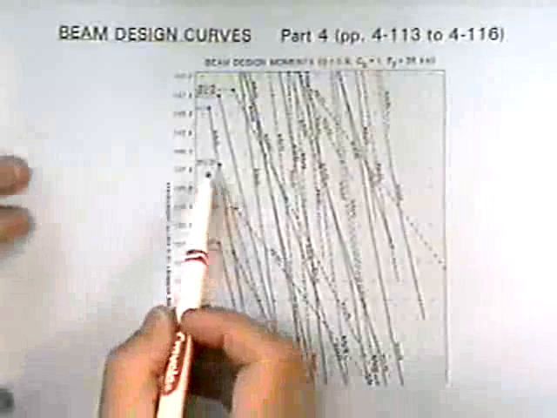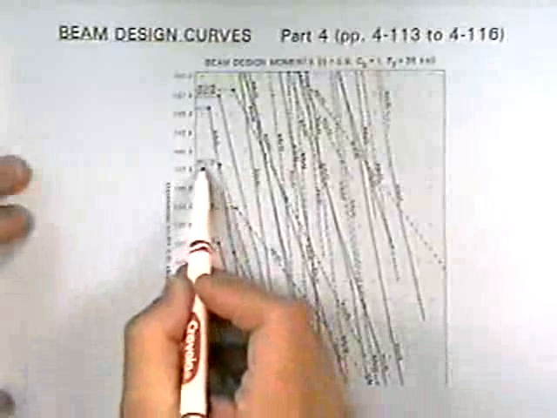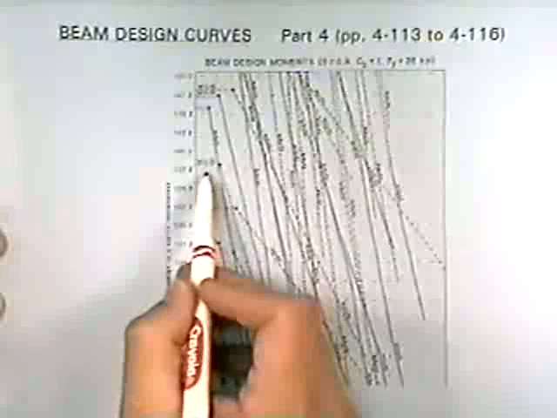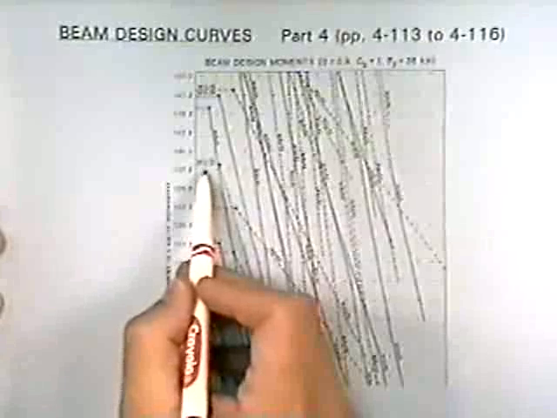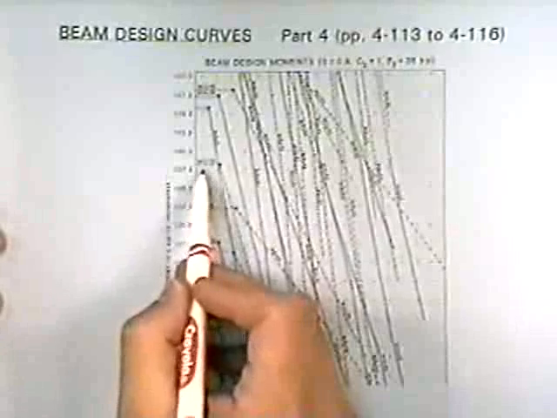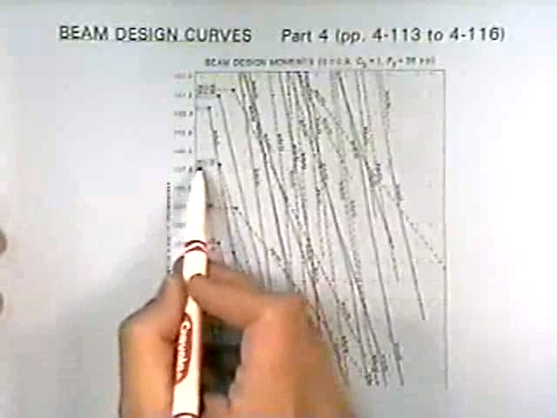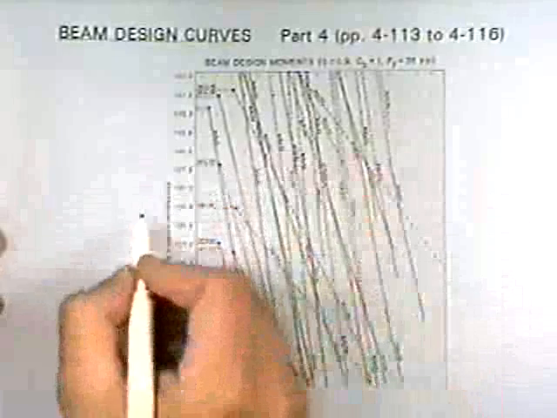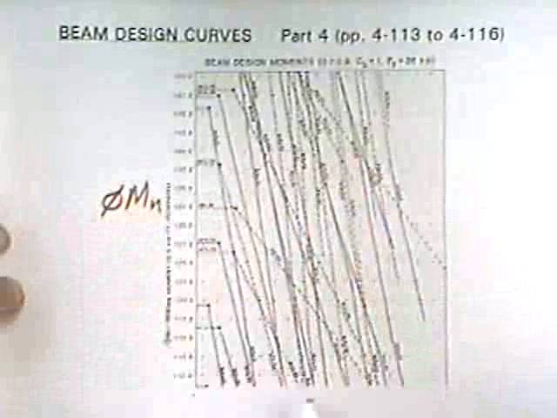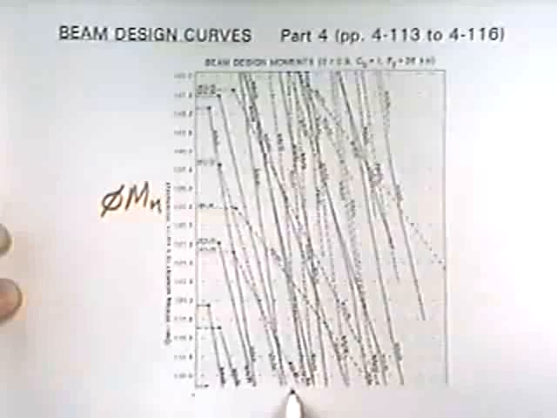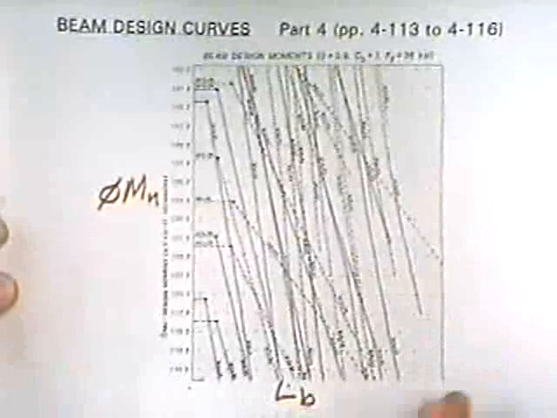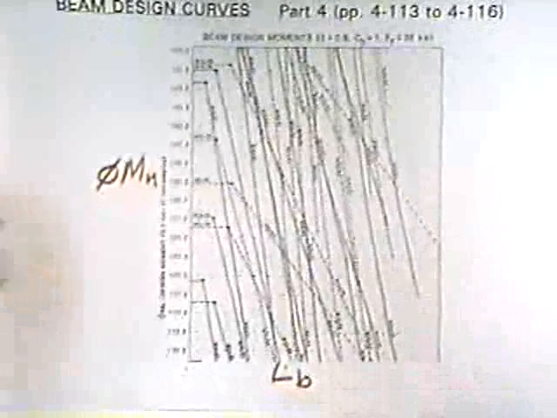For each section, say here it's a W12 by 35, they're going through those design equations and plugging in successive values of L sub B, the unbraced length, and plotting the point out. And what we're plotting is phi M sub N, or the moment capacity, versus the unbraced length.